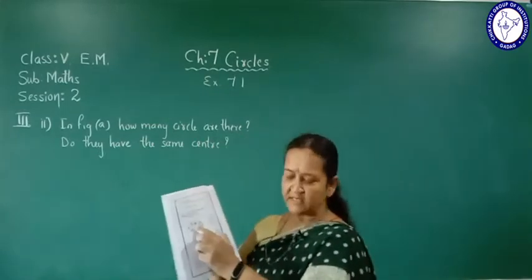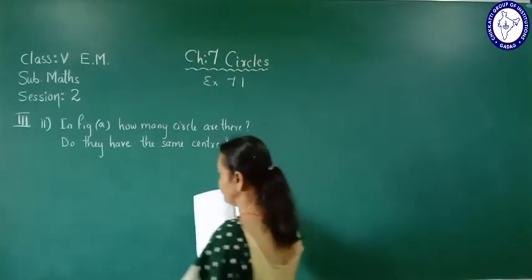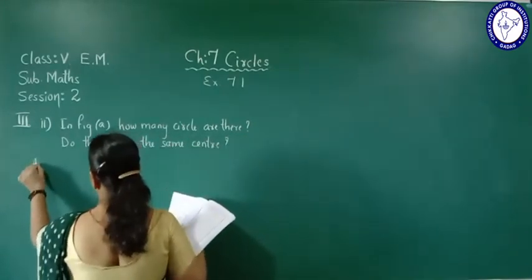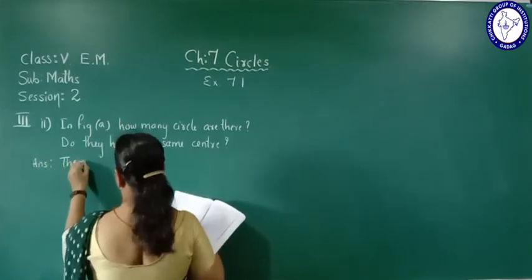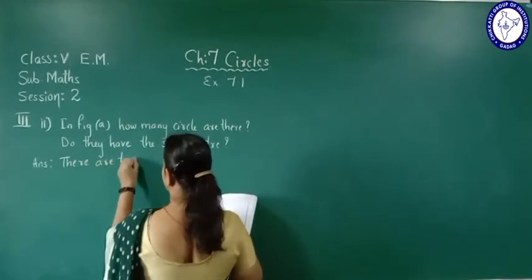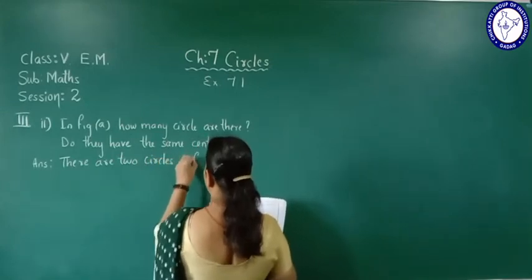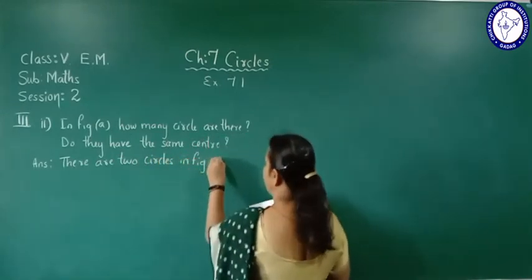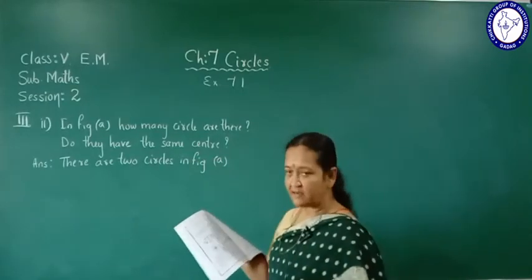Now see in the first figure, how many circles are we finding? 2 circles. So here the answer: there are 2 circles in figure A. Now do they have the same center?